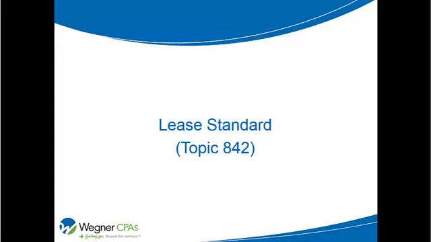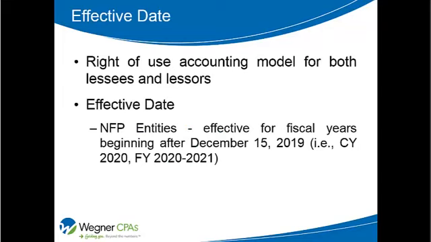All right, and the last topic that we're going to cover is the lease standard. So this one is effective for fiscal years beginning after December 15th, 2019. So this is for your calendar year 2020. So your fiscal year ending December 31st, 2020, or fiscal years that are going to end in 2021.